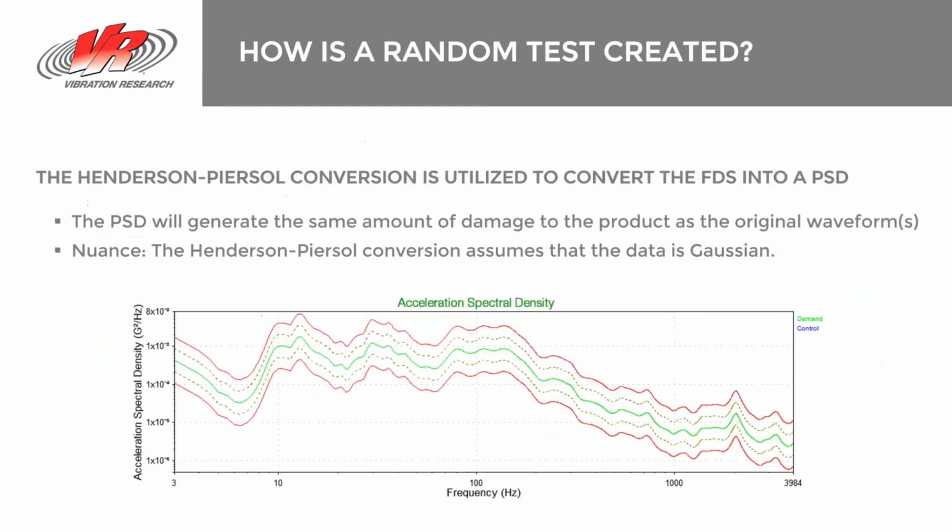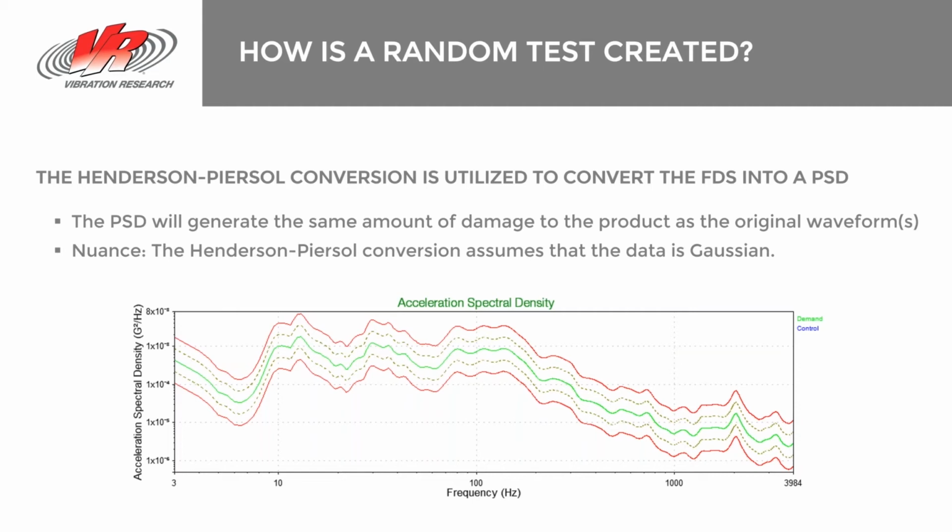That method allows us to account for any non-Gaussian peaks, any non-Gaussian nature in the field data, so that when we do generate a PSD from the generated fatigue damage spectrum, we've already accounted for the damage caused by those higher peaks through, again, rainflow analysis.